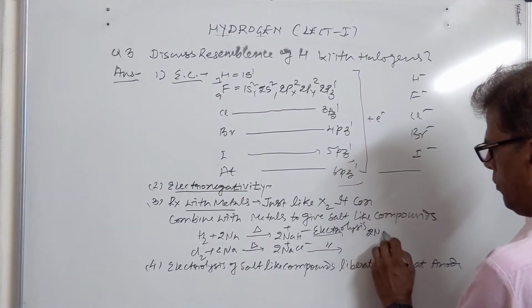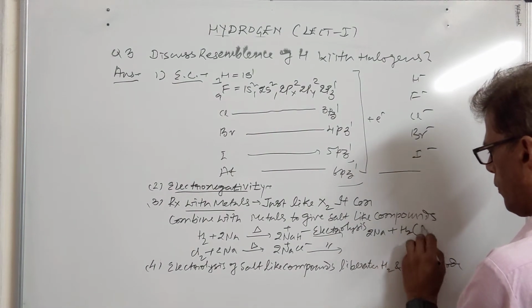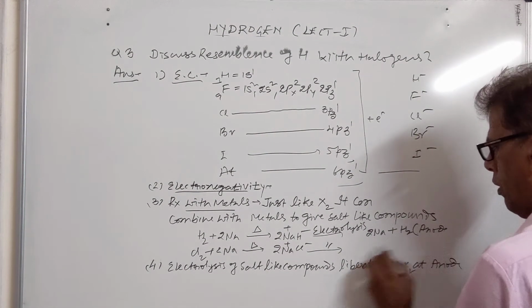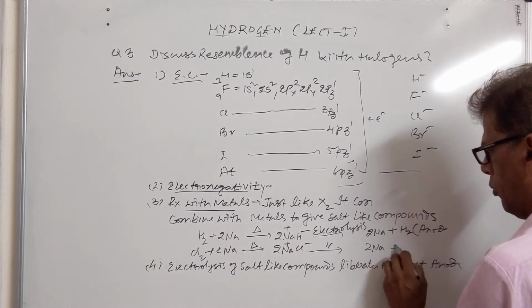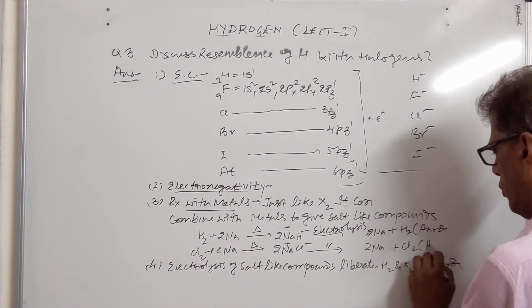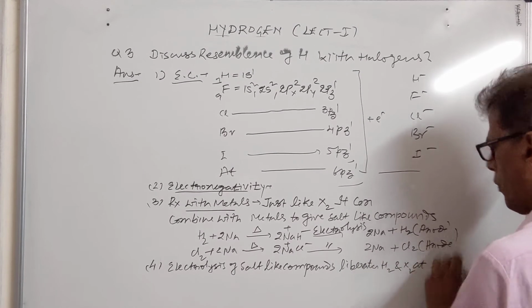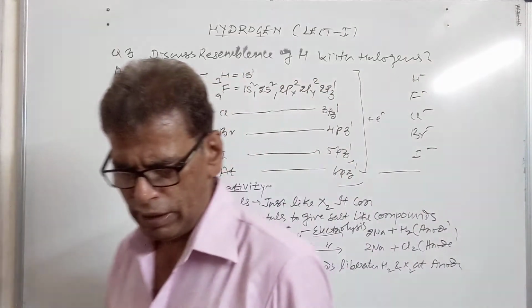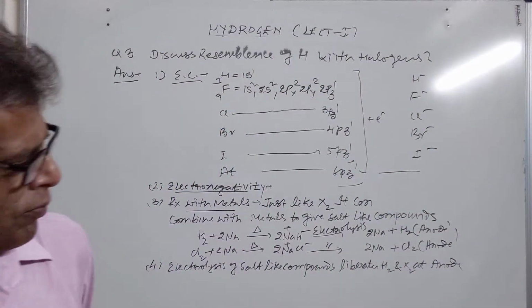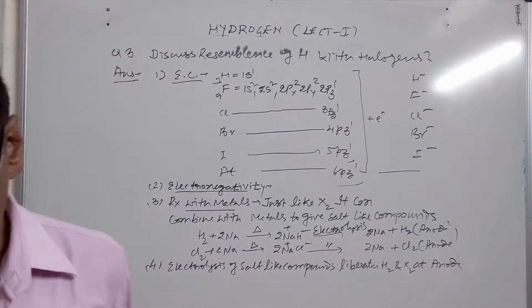You will get 2Na at cathode and hydrogen at anode. In this case also 2Na at cathode and Cl2 at anode. So this property establishes the electronegative nature of the hydrogen.